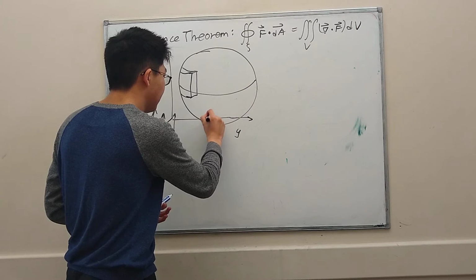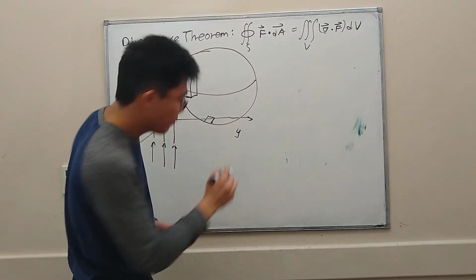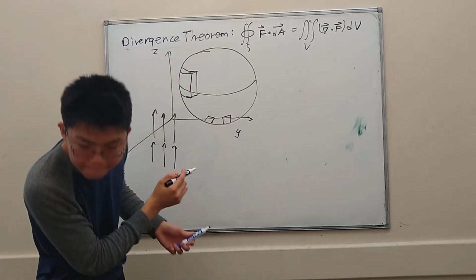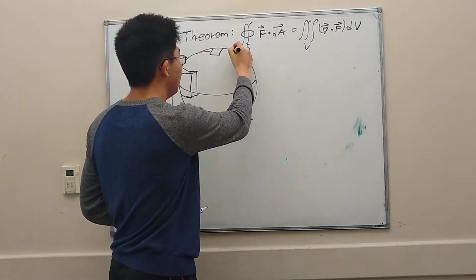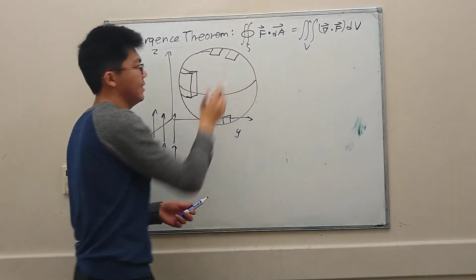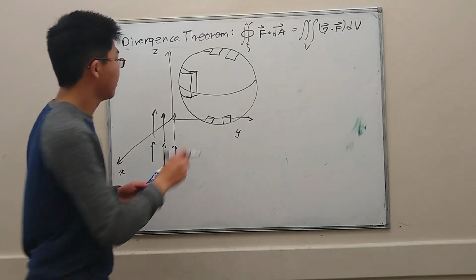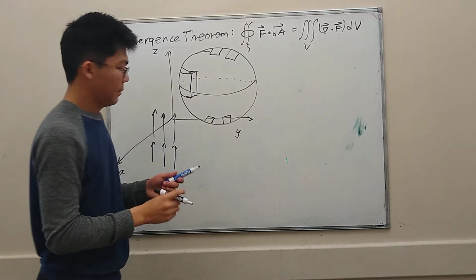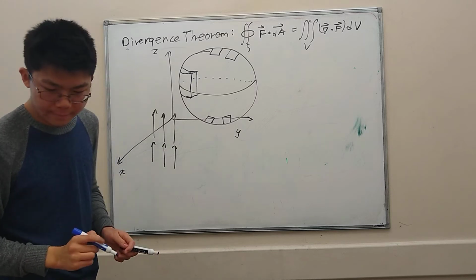Next, I'm going to draw this little shingle over here. And a little shingle over here. A little shingle on top, and a little shingle to the right. So now let me start to draw the arrows through the sphere.